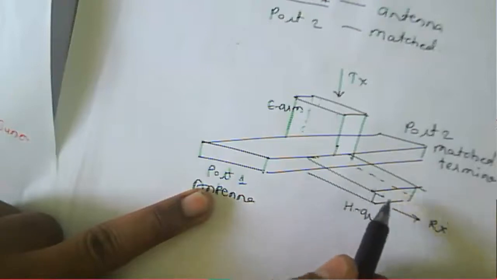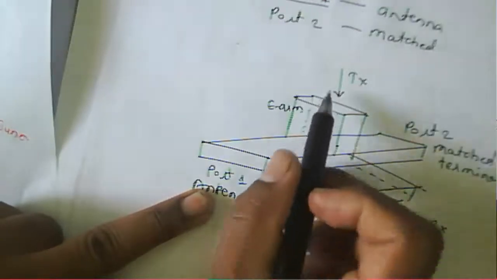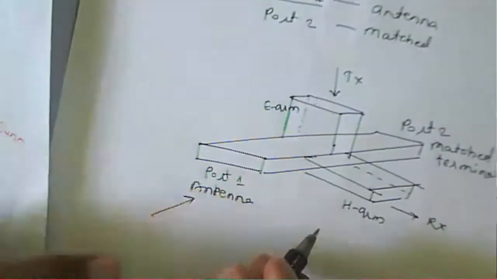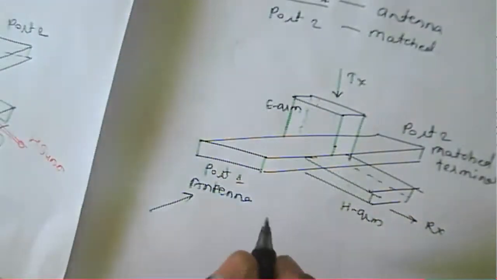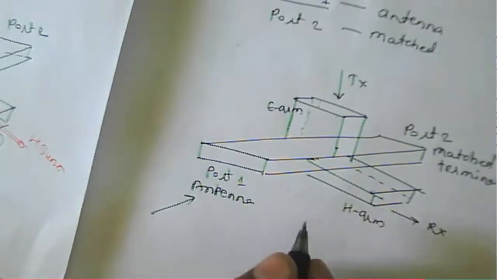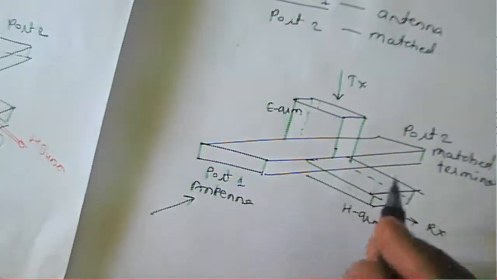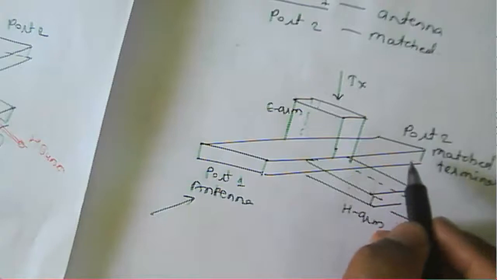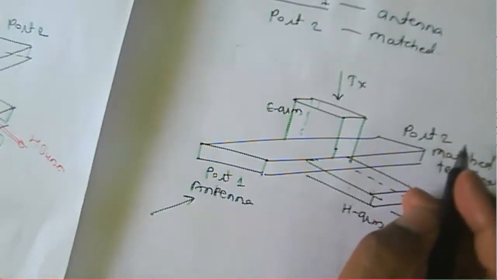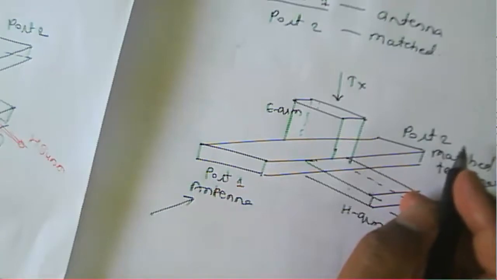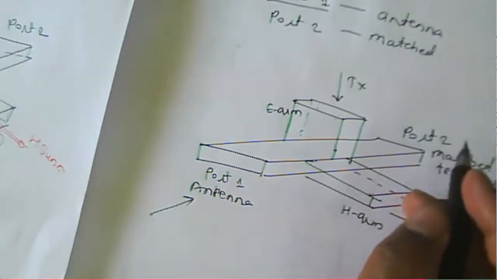Okay, any reflection coming from this particular receiver will not harm your transmitter. But what happened, because this port is matched, there is a loss in the power there. Okay, so that's why people are not using this.